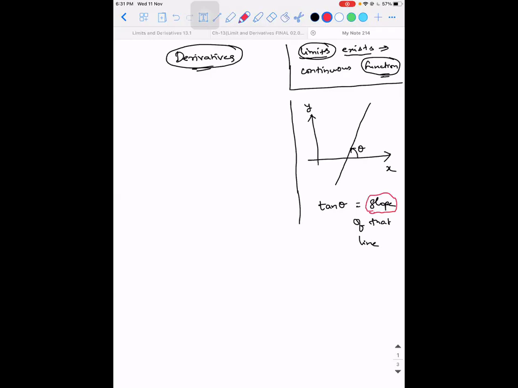So when I talk about slope, here comes an important question. Is it possible for me to define the slope only for a shape which is a straight line, or will I be able to define a slope for a parabola also? Will I be able to define a slope for a hyperbola? This is a question that comes in our mind.